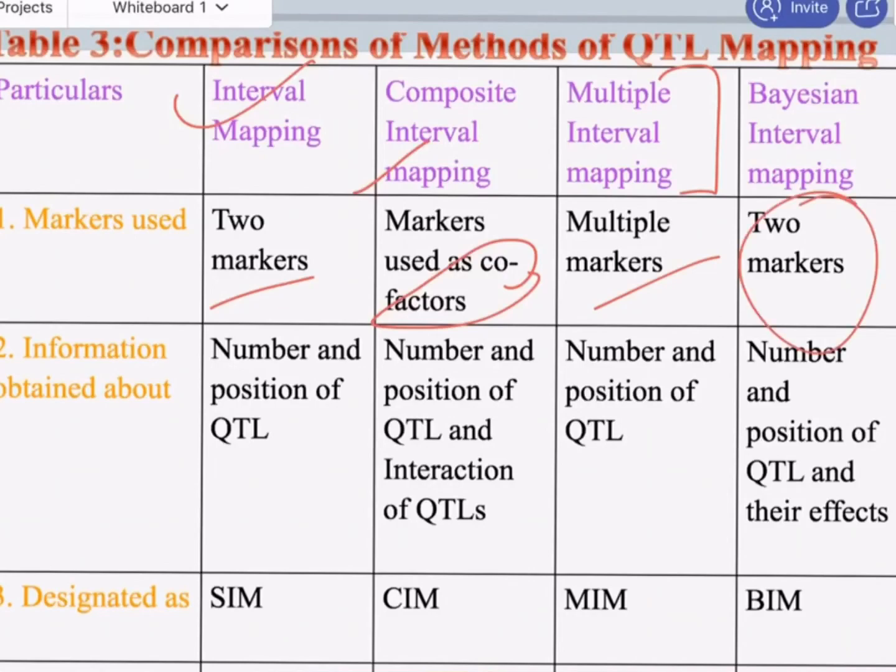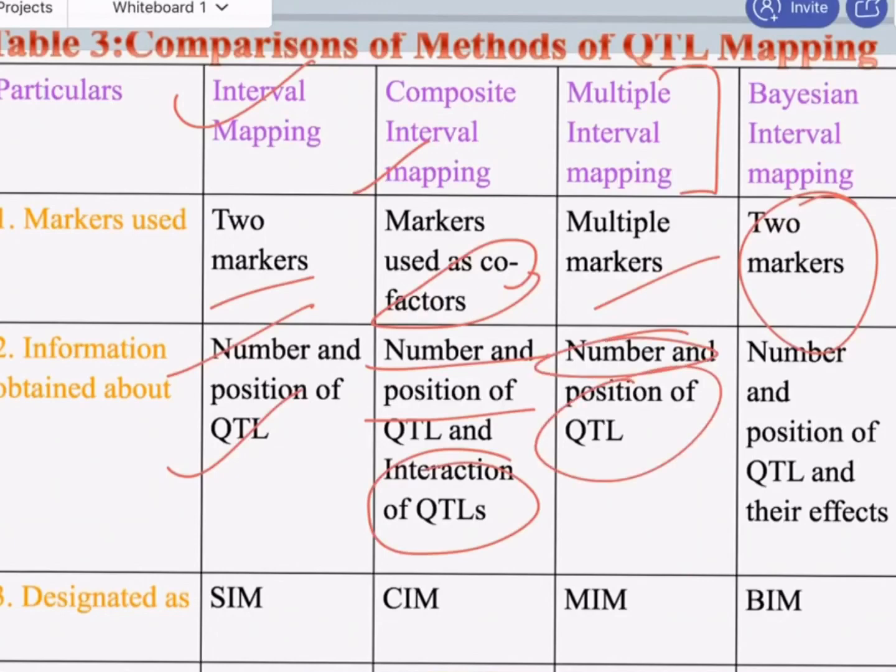The information obtained from interval mapping is the number and position of QTLs, while in CIM, number, position, and interaction between the QTLs we can get. In MIM, number and position of QTLs, and exact position of QTL we can get. In Bayesian interval mapping, number and position of QTLs and their effects, interaction effects.